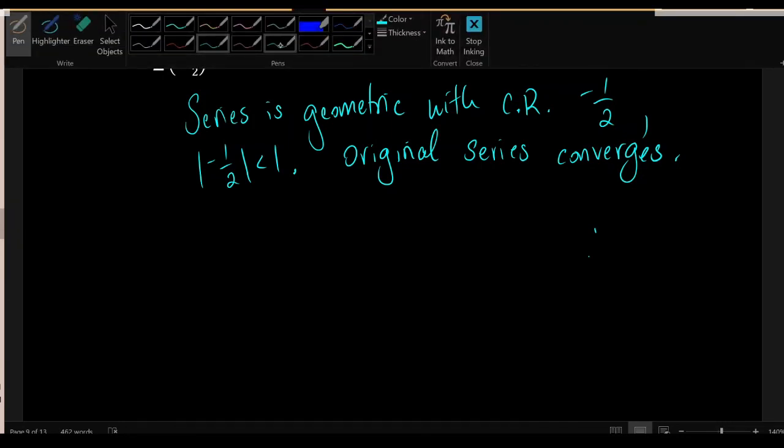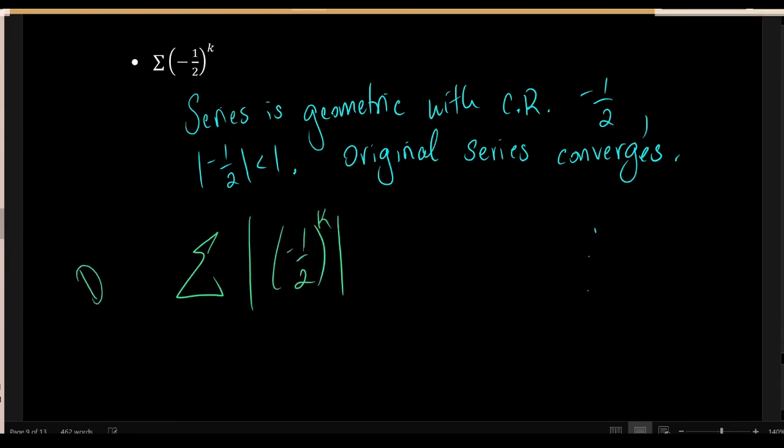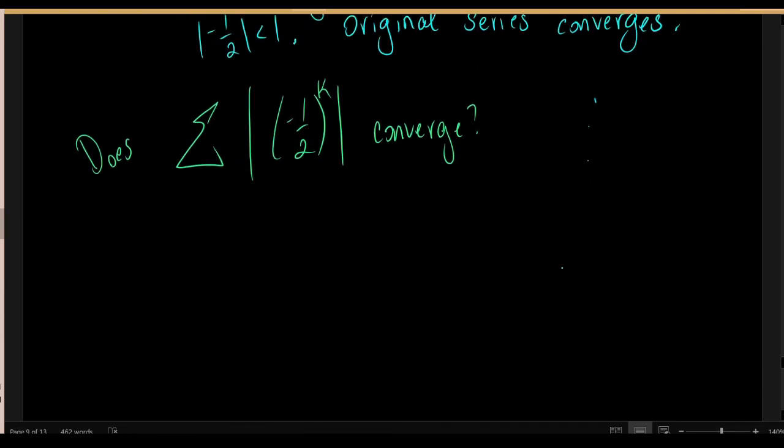So next thing we're going to do is investigate the series where we put absolute values. Now notice that if we take the absolute value of -1/2 to the k, that negative sign will be eliminated by the absolute value and we'll be left with something equivalent to the sum of +1/2 to the k.